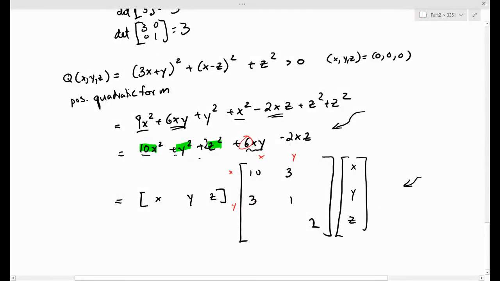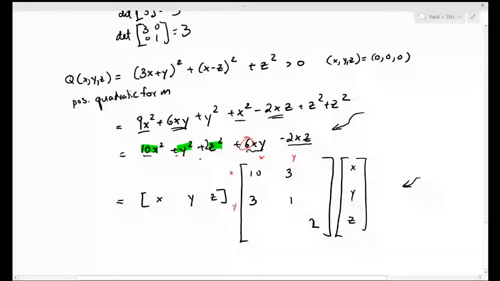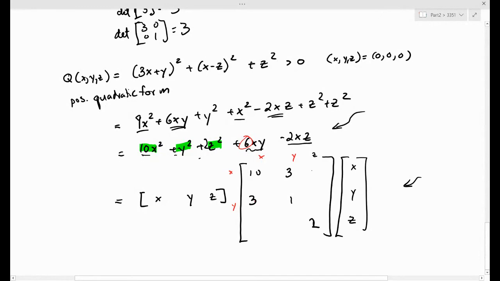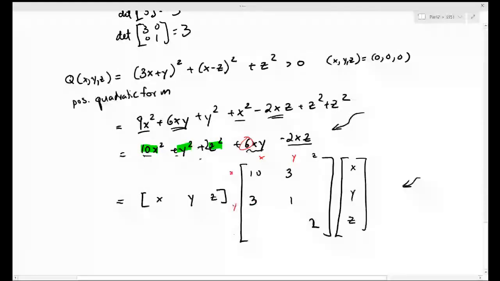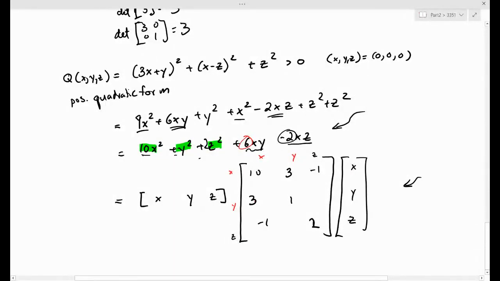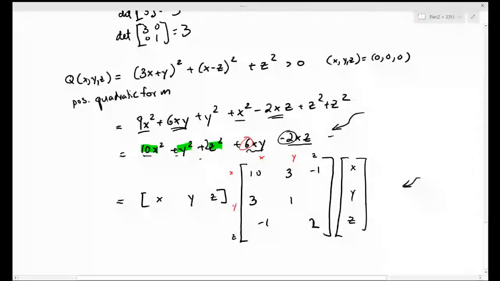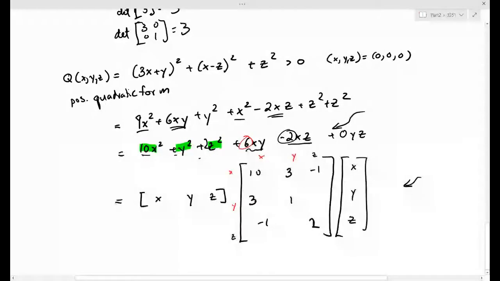So likewise for x times z, but x times z is the same as z times x, so you divide this coefficient by 2. And then what goes in the entry that corresponds to the y times z term? Well, yeah, exactly.